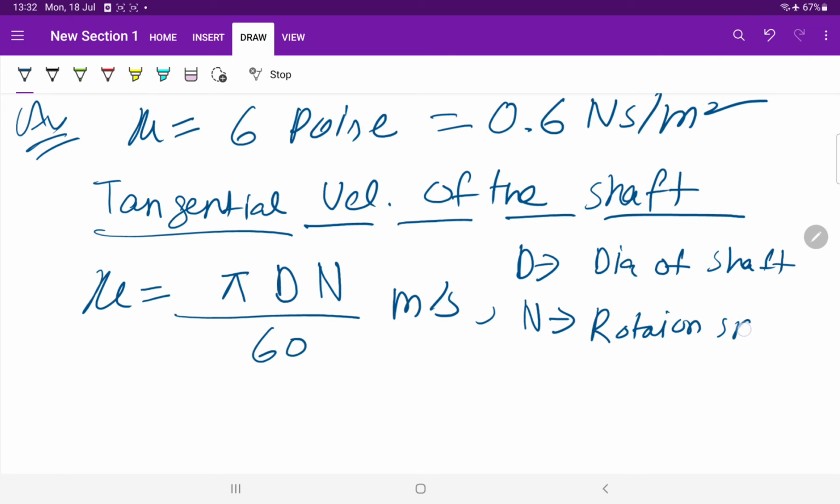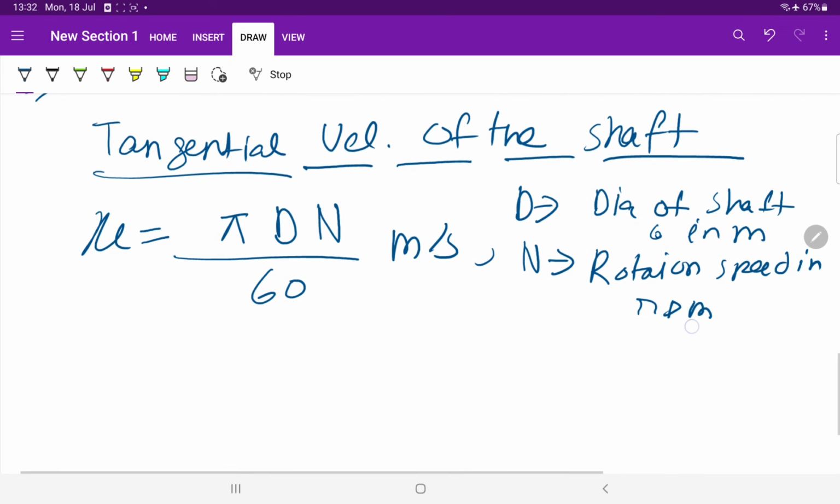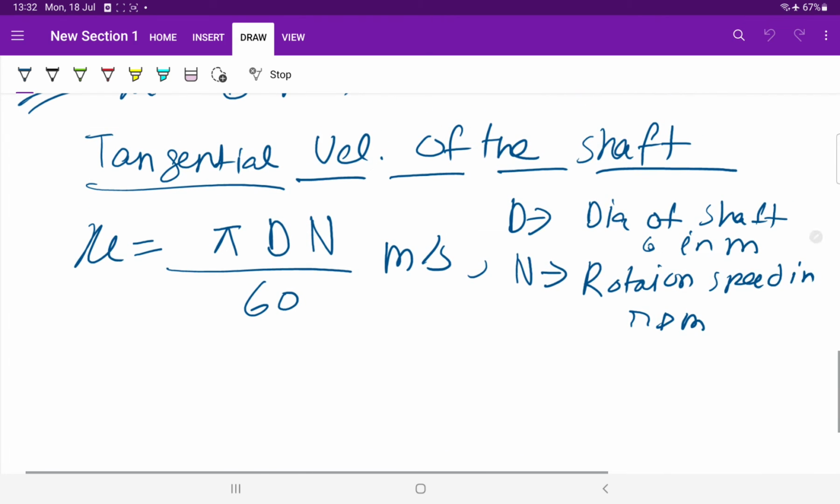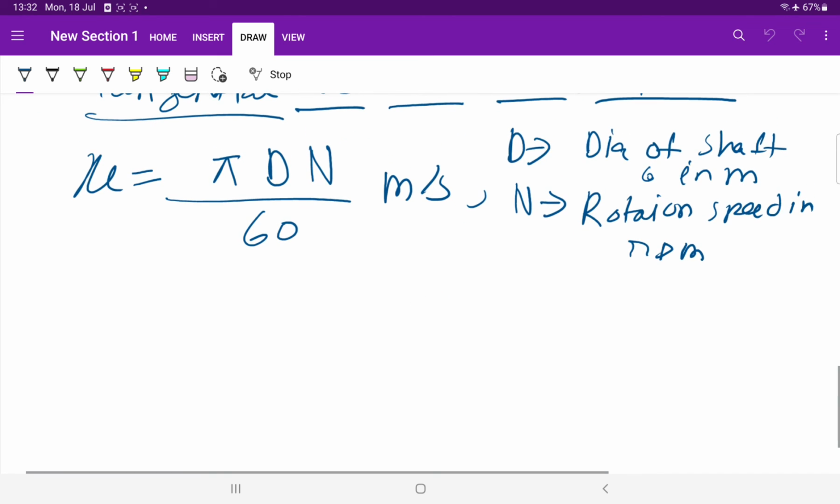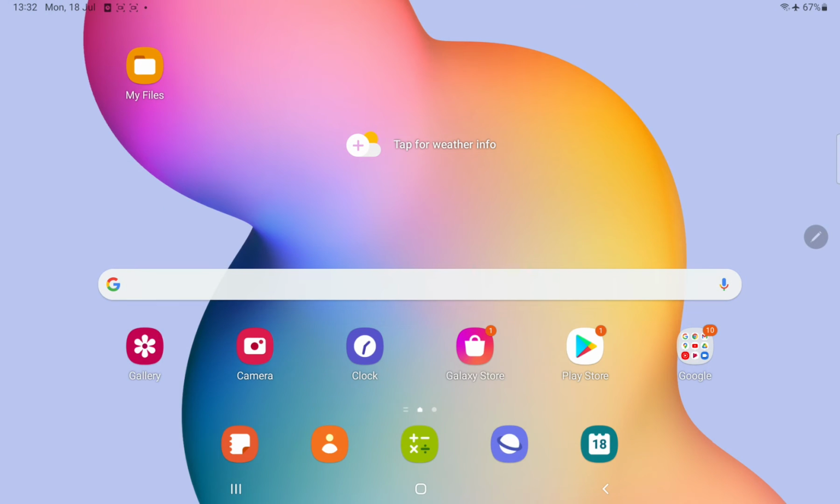Rotation speed in rpm, and d is diameter of shaft in meter, obviously, because we will deal with these things, right? So this is it, and this formula will be used. And again, for the power lost, another formula will be used, right?